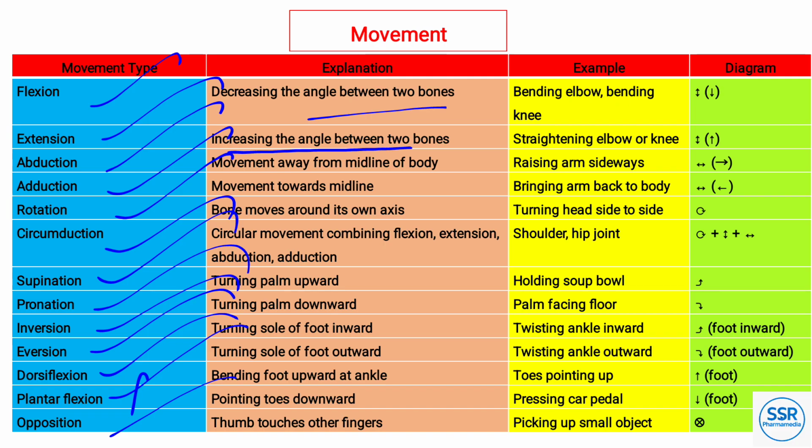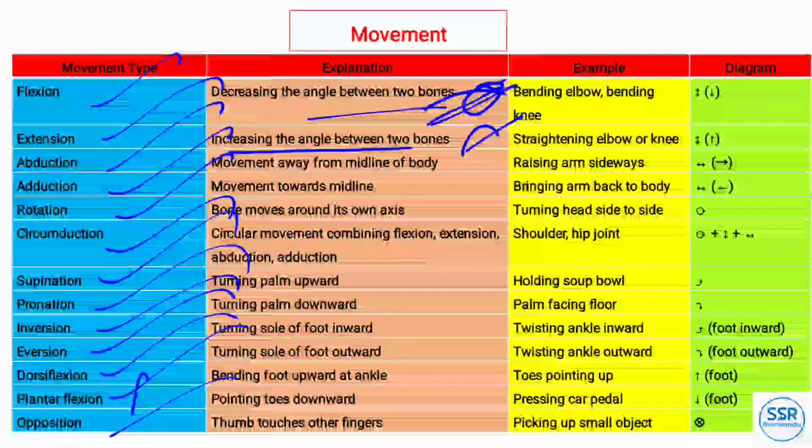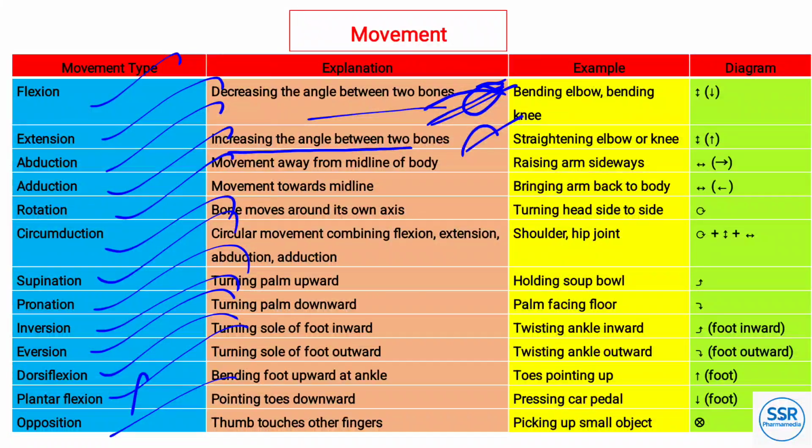Suppose our hand: if we are folding our hand, the angle decreases, which is flexion. If we are straightening our hand, the angle increases. Movement away from the middle of the body is called abduction.